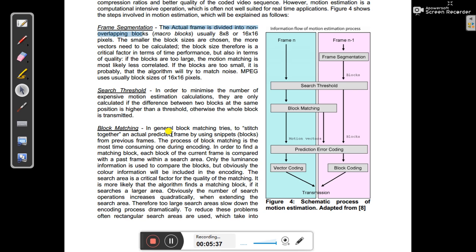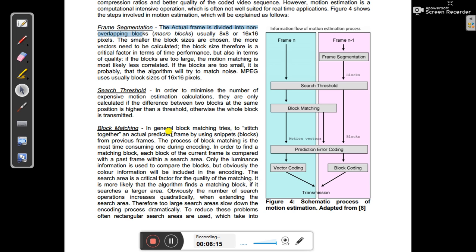In order to find a matching block, each block of the current frame is compared with a past frame within a search area. So they try to find a similar pattern or area within a range of frames.